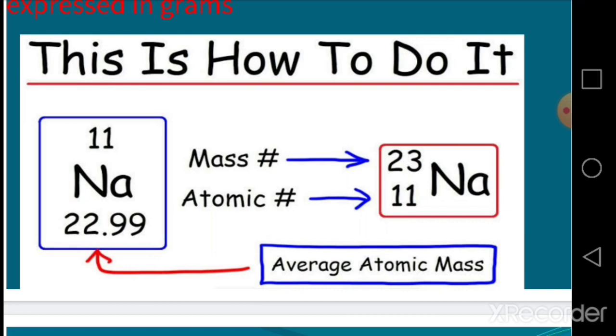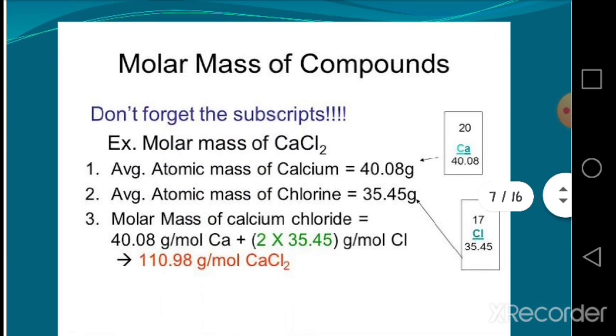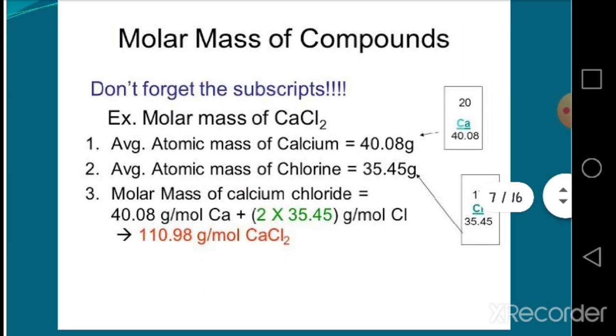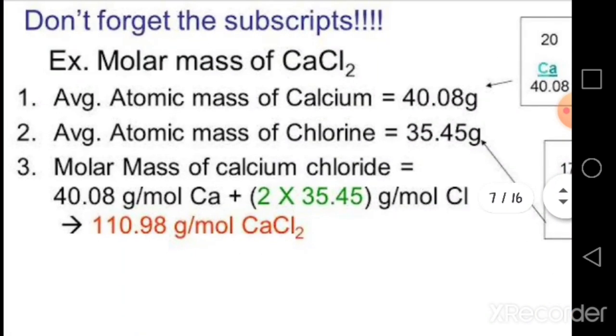So sodium has atomic mass 23. If we express this 23 atomic mass in grams, we will be able to get 1 mole of sodium, like with all the atoms. And if we want to have the molar mass of compounds, for example, over here I discuss the example of calcium chloride.